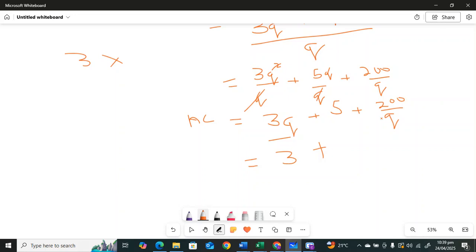200 over Q, when we simplify it, becomes 200Q to the power negative 1. Then you derive now. So when we derive it, what do we get?